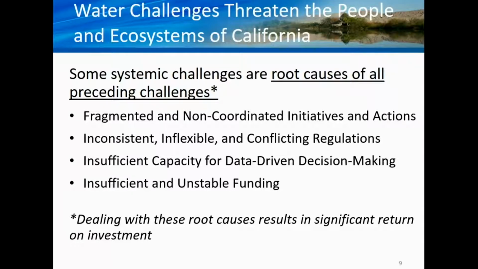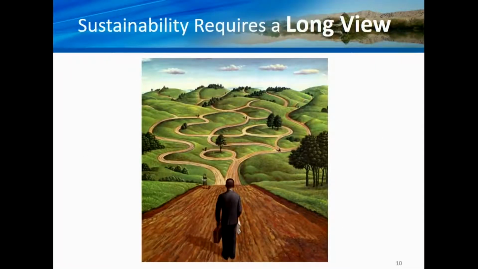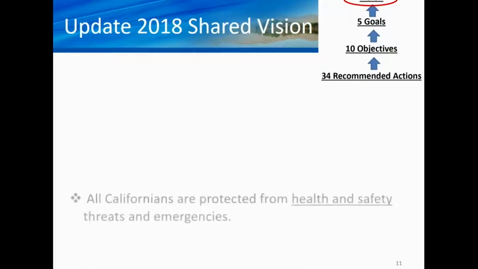We don't have capacity for data-driven decision-making, so there's a number of recommendations on how we might invest in more data-driven decision-making. I imagine in this audience we might be supportive of that. Insufficient and unstable funding as well is there. So we need to deal with these root causes, these systemic challenges, before we can actually get to those bigger challenges out there. Said it before, but it takes a long-term view.